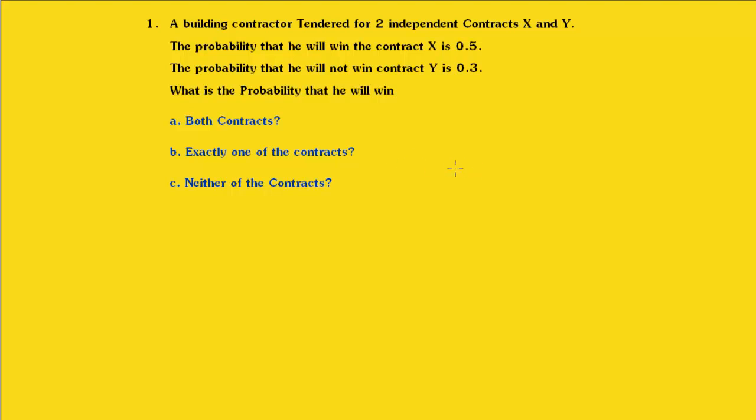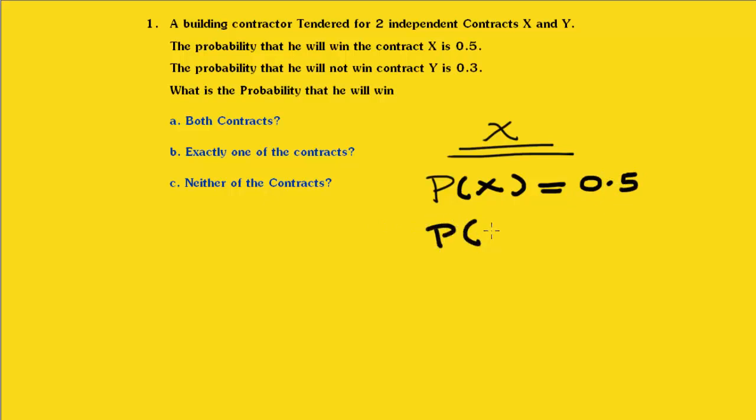So let's consider X just before we go to the tree diagram. What is the probability that our contractor wins the contract X? It's given as 0.5 from the question. And the probability that he doesn't win X is 1 minus the probability that he wins it.